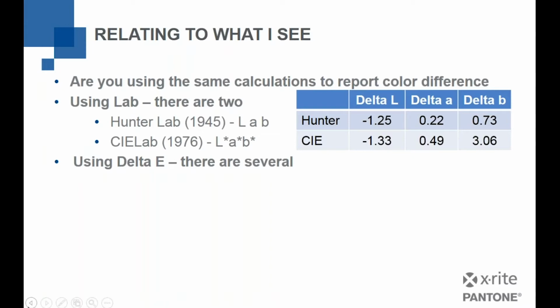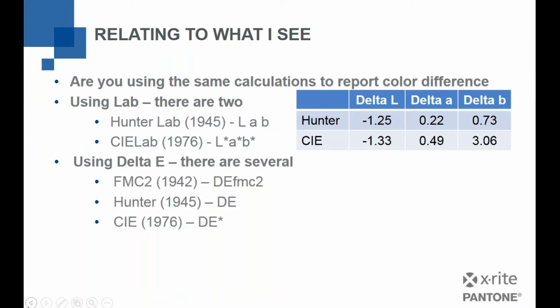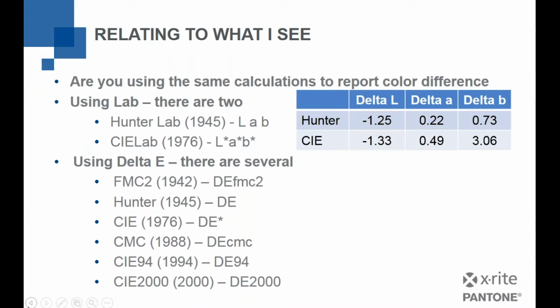But ultimately, people want one number. We want to be able to have a number that tells me whether it's good or it's bad. And so there's the concept of a delta E, which essentially means total color difference. Give me one number to represent that total difference. The issue is there's a whole lot of different delta E's.